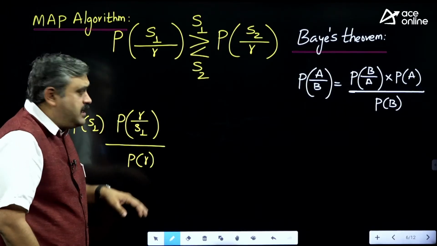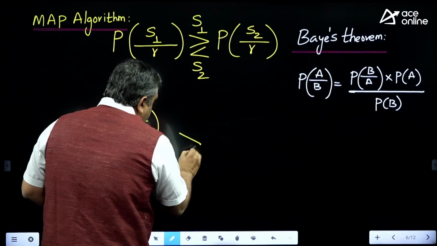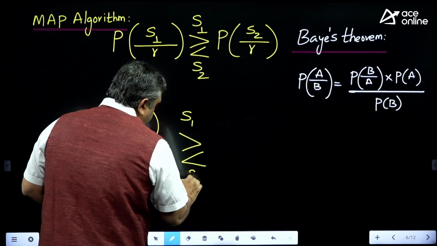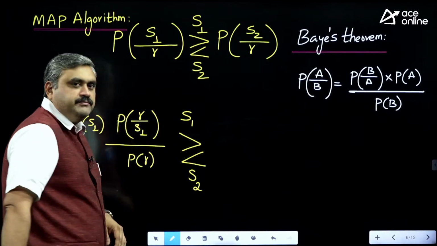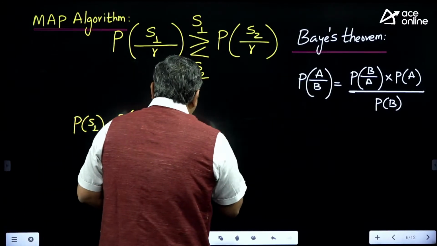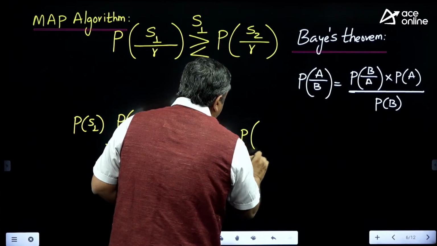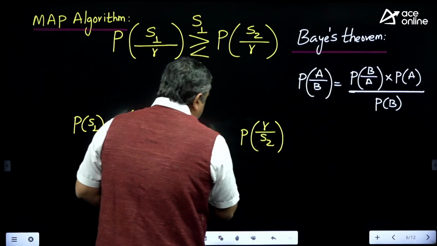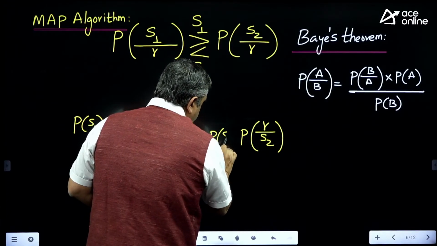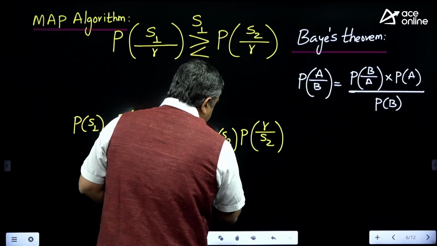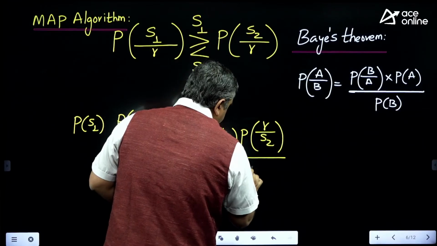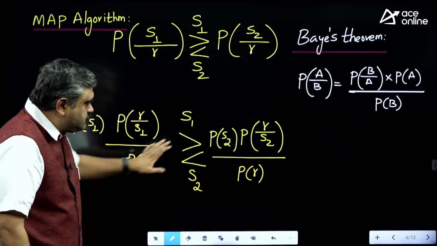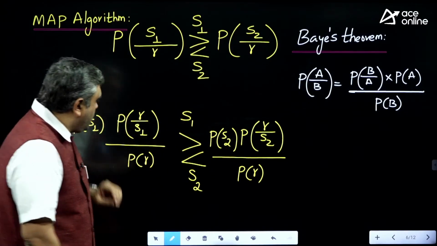Clear? If it is greater, we are decoding as S1. If it is less, we are decoding as S2. Finish. Into, you will have P of R given S2 into P of S2 whole divided by P of R. So what will happen? These two terms will get cancelled. So what are we getting now?